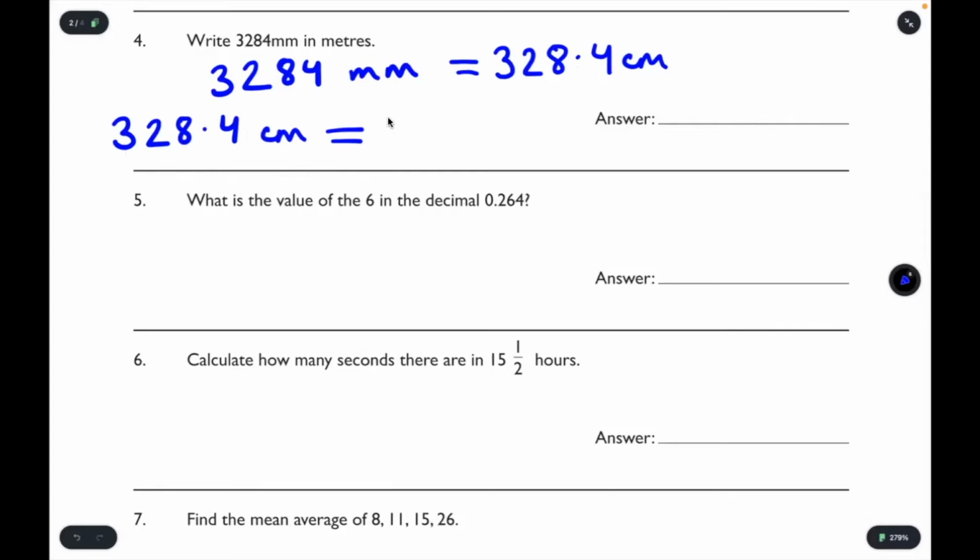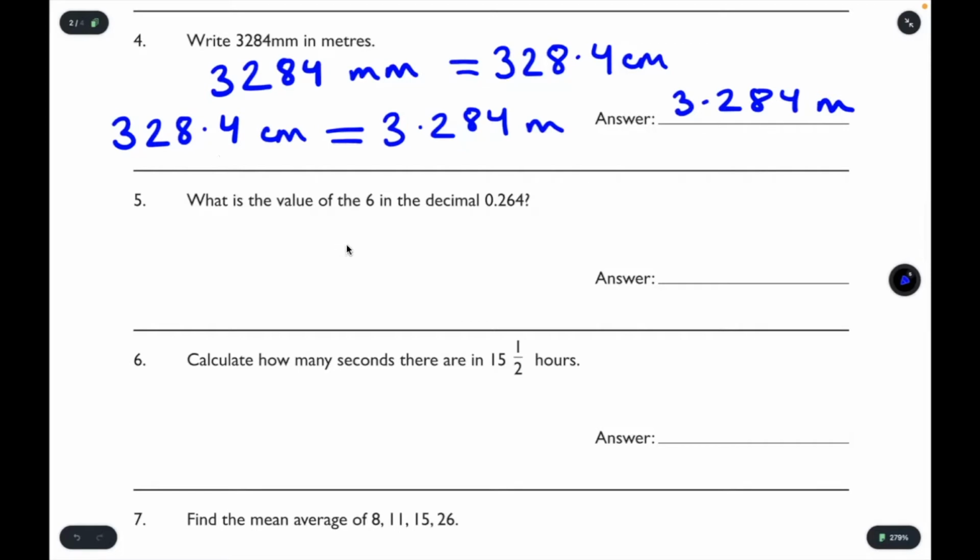And therefore, this would be 3.284 meters. So if 328.4 gets 100 times smaller, then it must become 3.284. Therefore, the answer is 3.284 meters. It's really important that we write the units, especially when they don't give them.